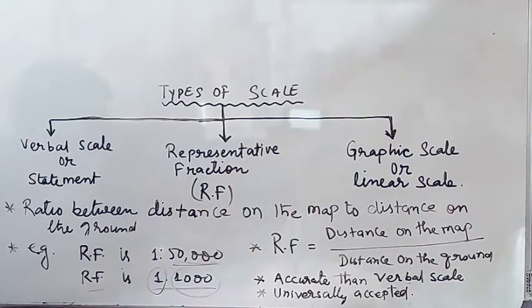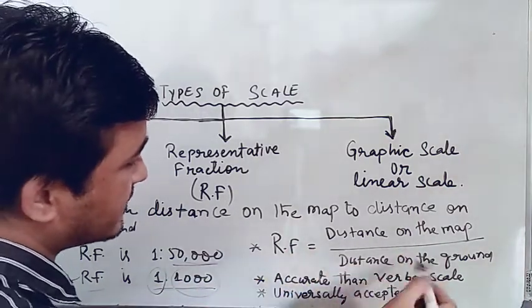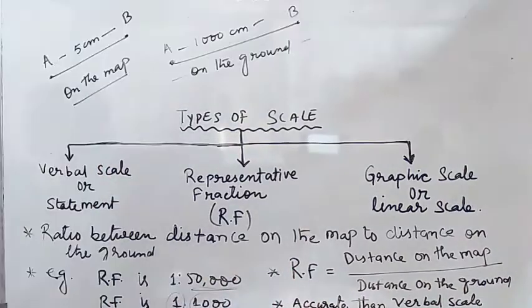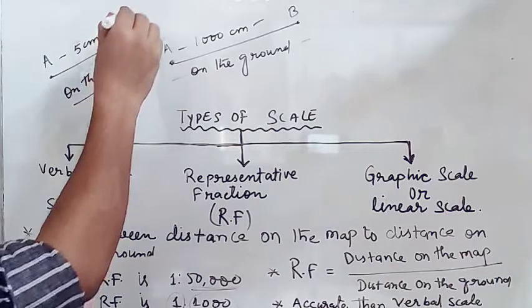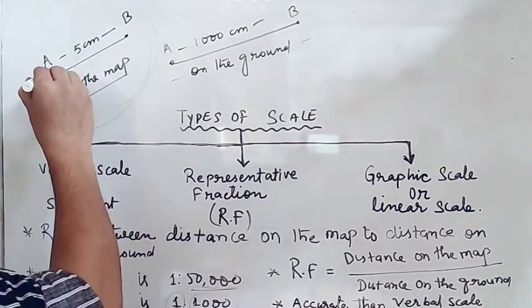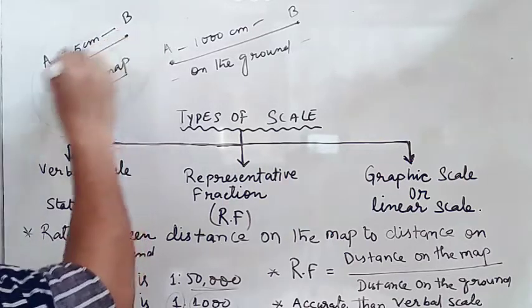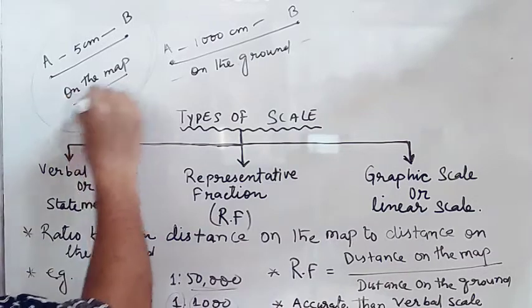So how to find out the RF of a map? Distance on the map divided by distance on the ground. Suppose we have 2 stations A and B. On the map, the distance between station A and station B is 5 centimeters.